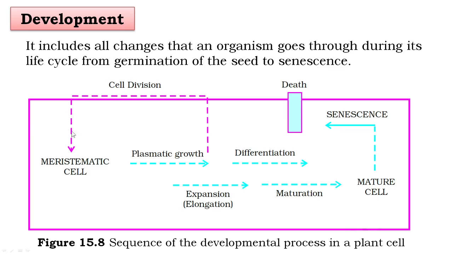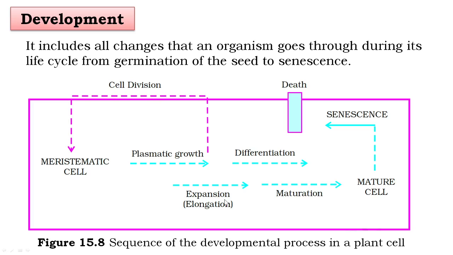So figure number 15.8, you can see the sequence of the developmental process in a plant cell, right? So start with meristematic cell. Meristematic cell, plasma, protoplasm grow. The cell divides, then cell differentiates, then the differentiated cell becomes large through expansion.